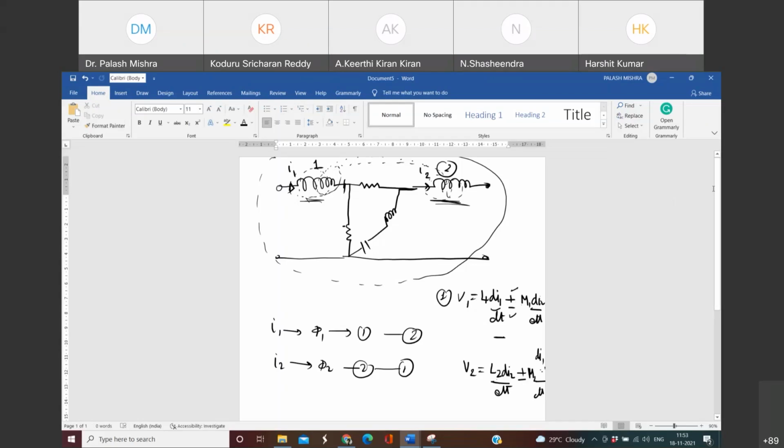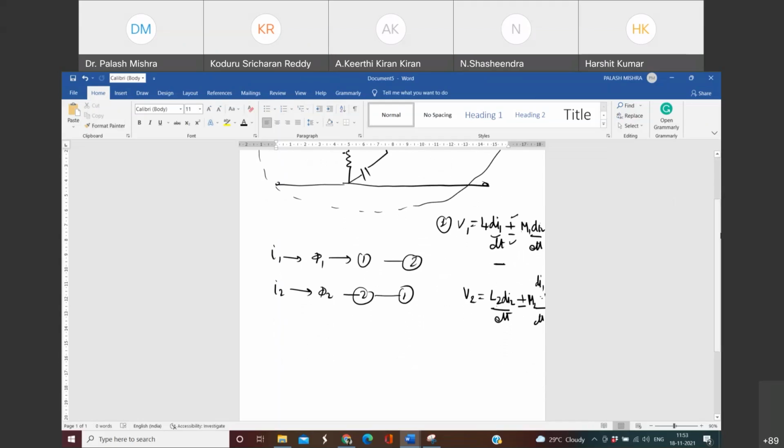Wait. If you are saying so, suppose this is a winding, and current I1 is flowing here. And this is another winding.